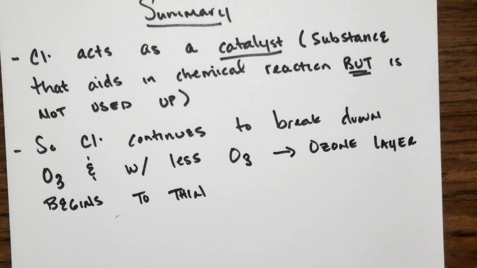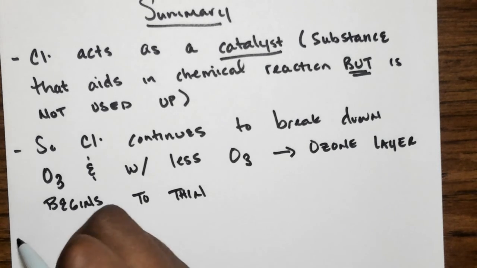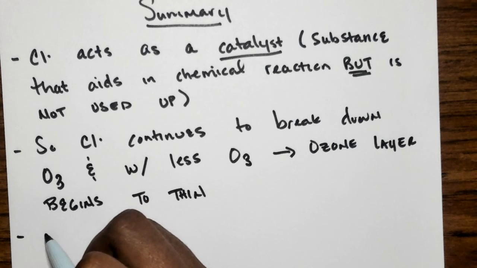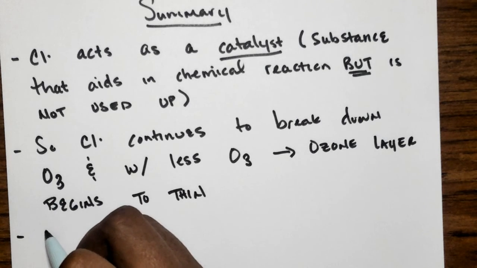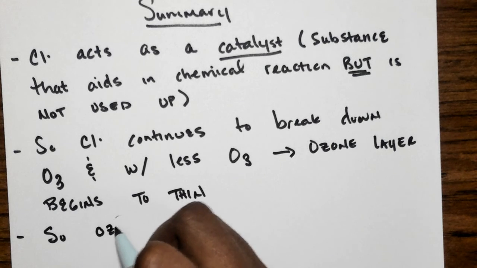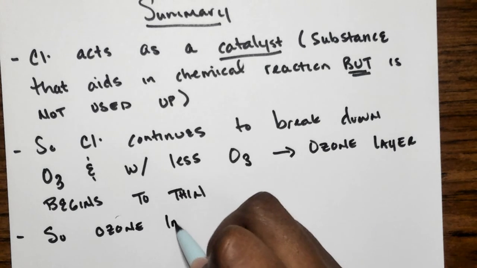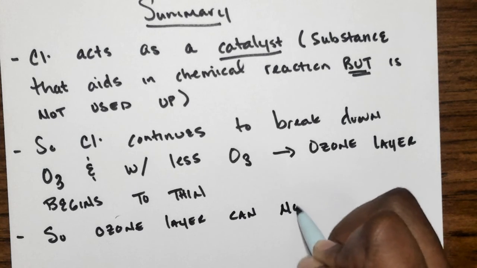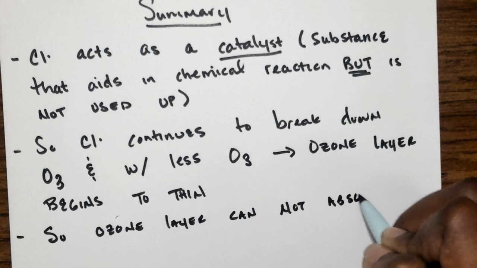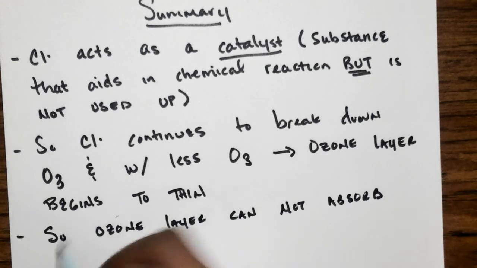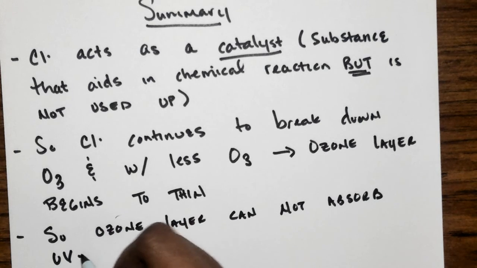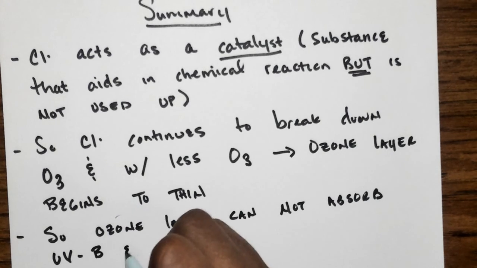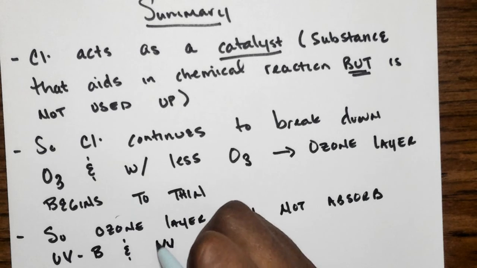So what happens? That means the ozone layer cannot absorb what? It can't absorb UV light. Very good. Specifically, UVB and UVC.